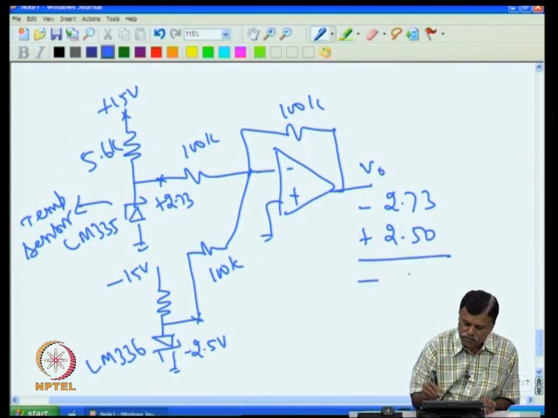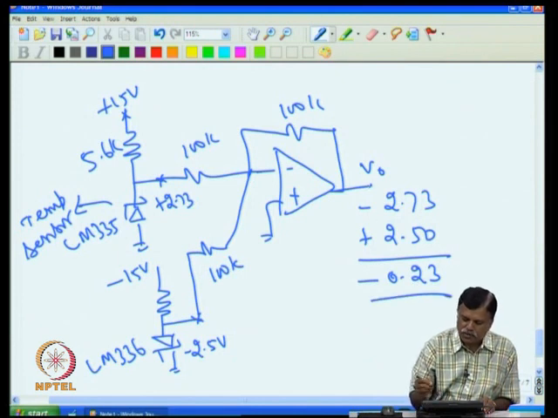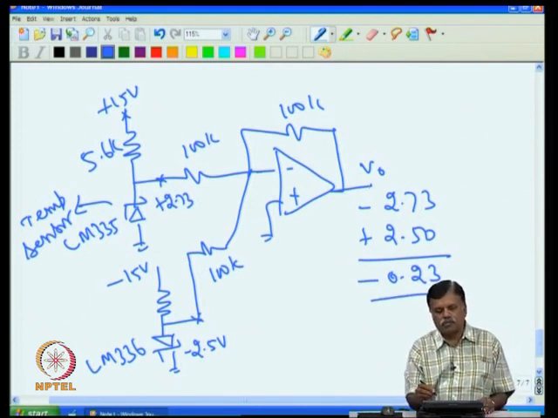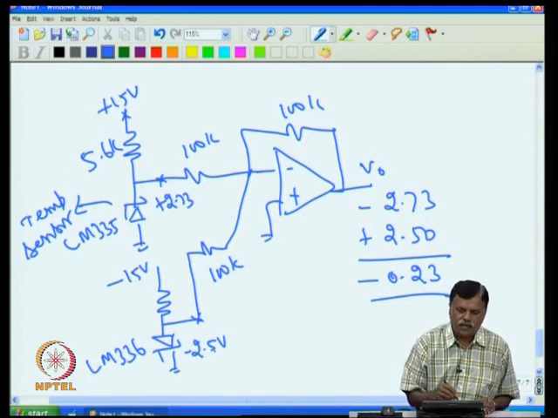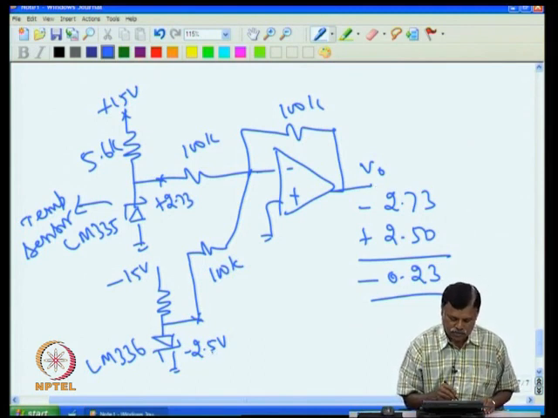So the net result will be minus 0.23 volt. That is, instead of getting 0, we are getting 0.23 volt at 0 degree C. That is because 2.73 volt Zener is not available in the market. That is why this problem happened.